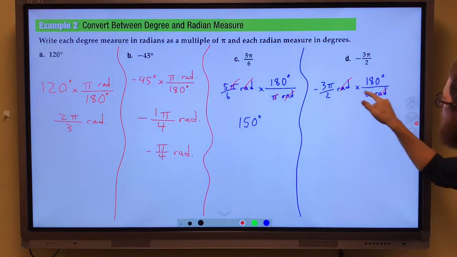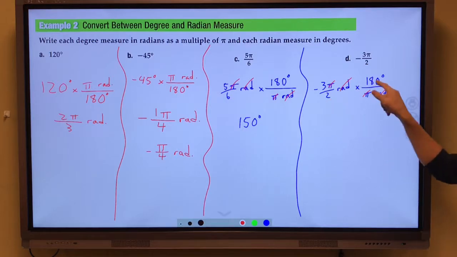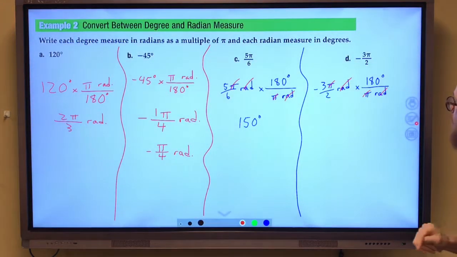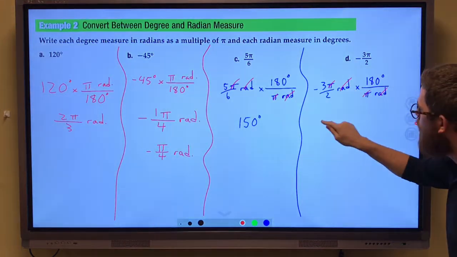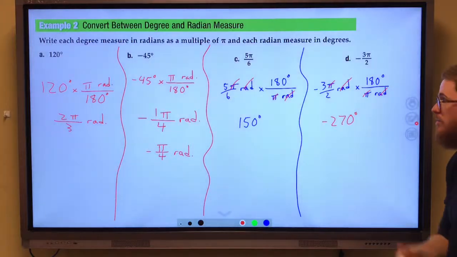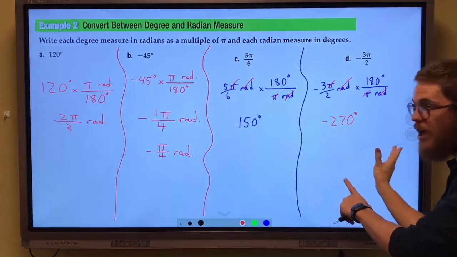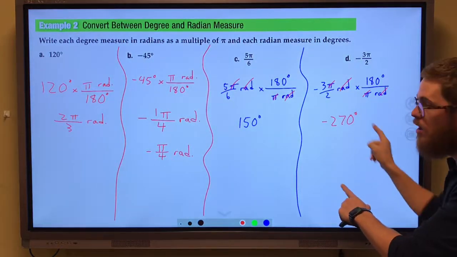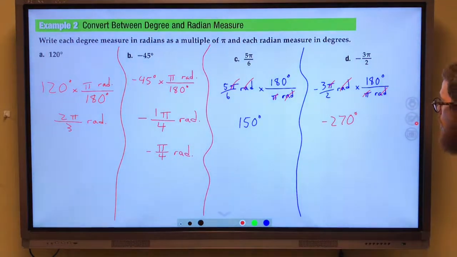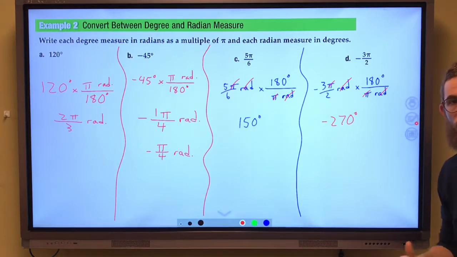The radians cancel out, the pi's cancel out. 3 over 2 times 180. Well, 180 divided by 2, of course, is 90 times 3. We have negative 270 degrees. Don't forget the negative. Remember, that's telling us if our angle is going to be going counterclockwise or clockwise. And because it's negative, it is going clockwise from our initial side.